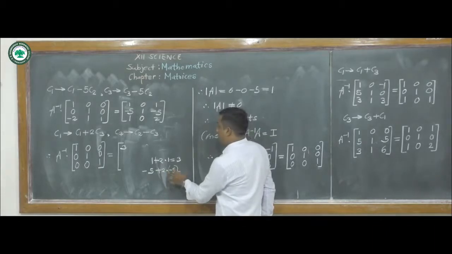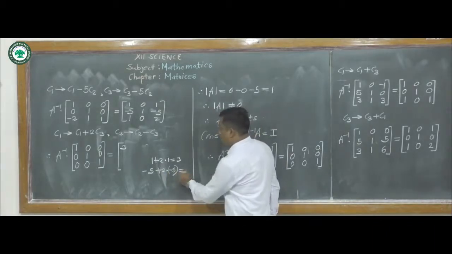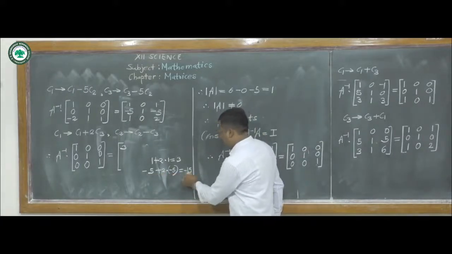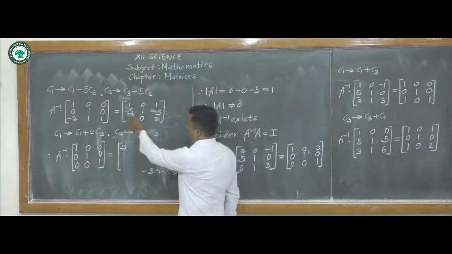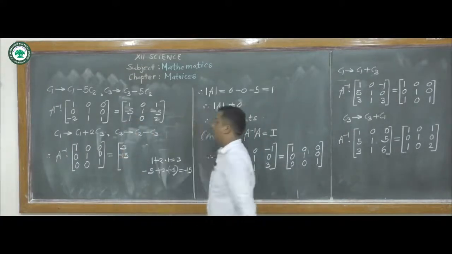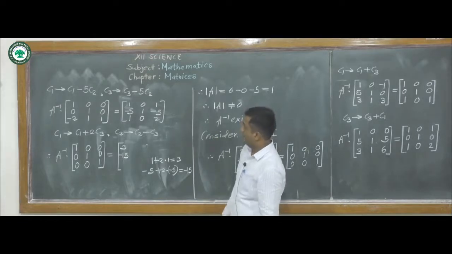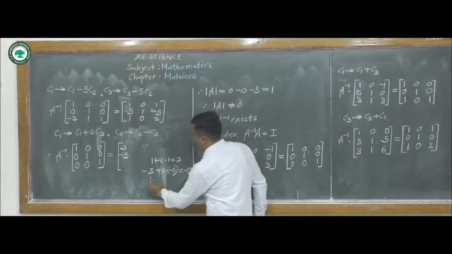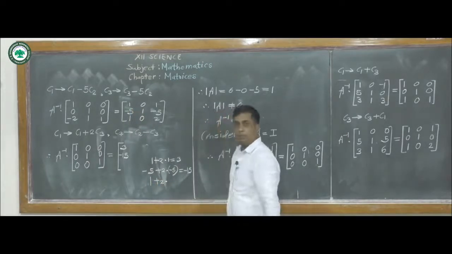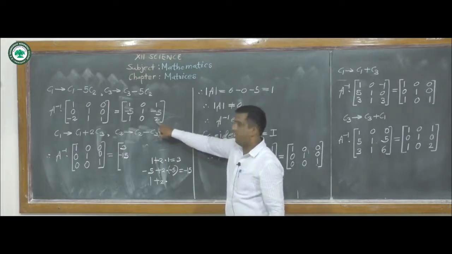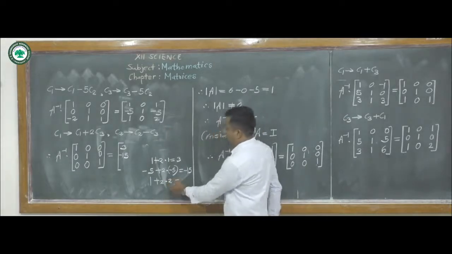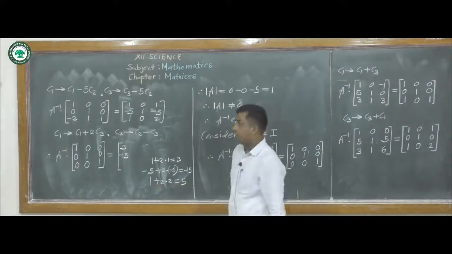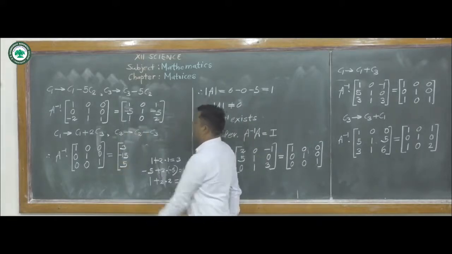So here we have minus 5 minus 10, which is minus 15. So here in the position of minus 5 we get minus 15. Next, the last element from column first is 1 plus 2 into the last element from column 3, which is 2, and this is equal to, we know 1 plus 4 is 5. So here in the position of 1 we get 5.